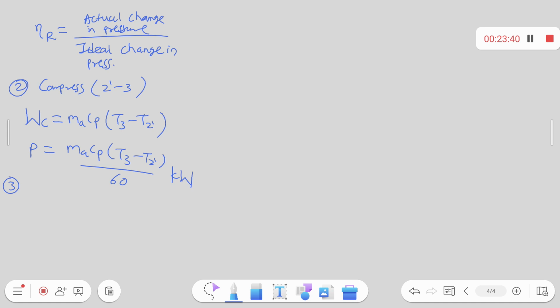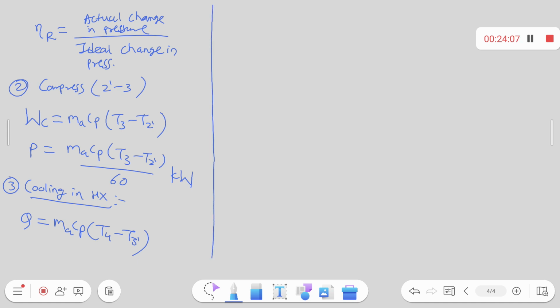So this cooling in heat exchanger. Okay, so what happens in cooling? Heat removed is MACP into T4 minus T3 dash. Cooling in the heat exchanger.